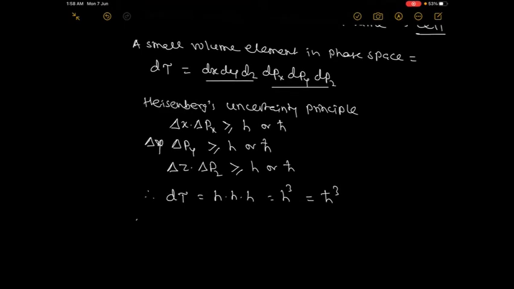Hence, each cell in a phase space has minimum volume of the order of h cube.